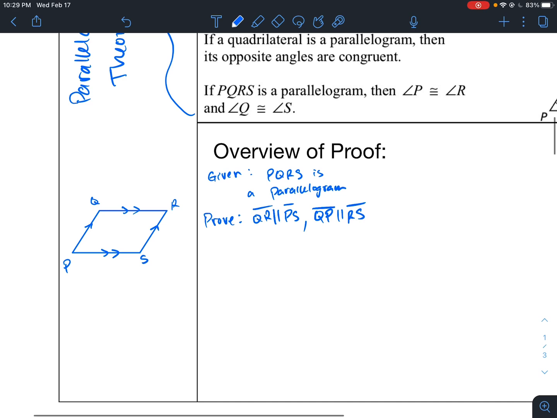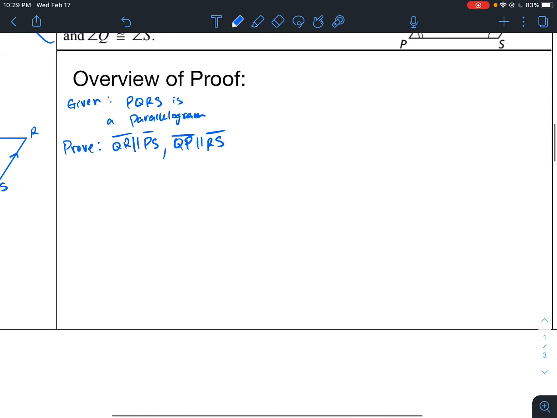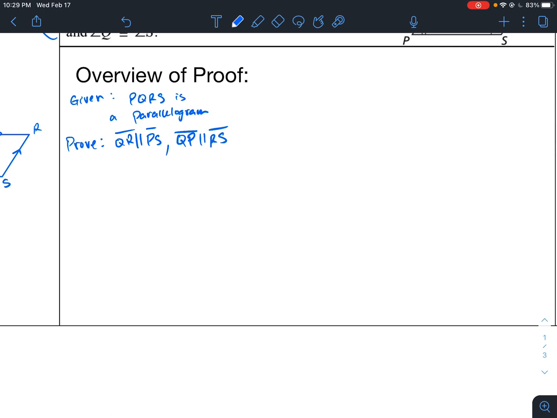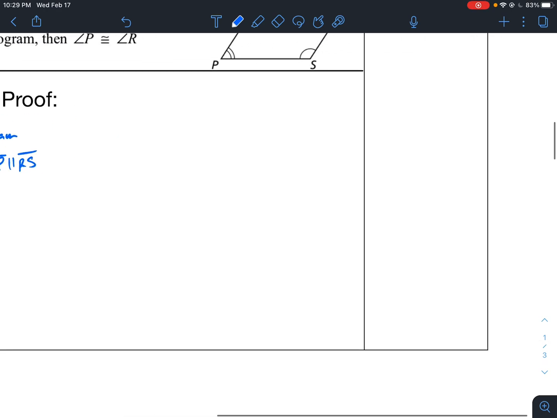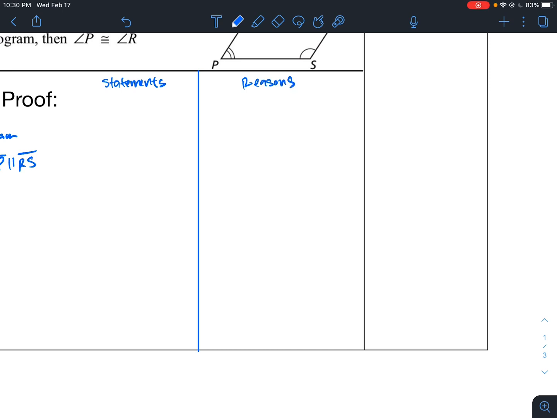Okay, so let's make a two-column proof. So I'll do that right here. We have our statements and we have our reasons. This one's actually really pretty easy.